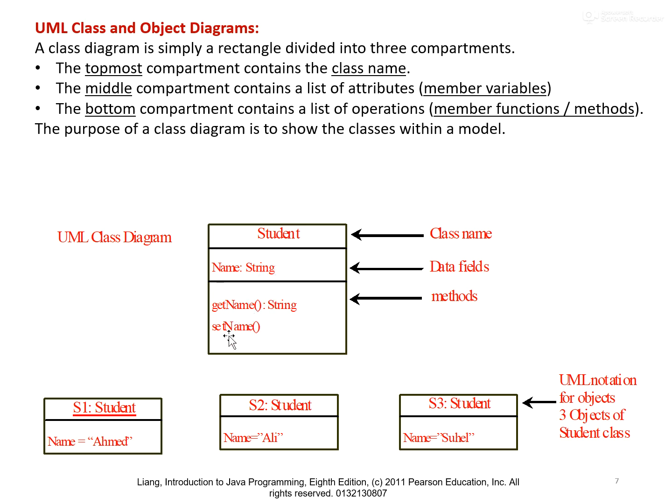And in the third compartment, the third box down here, we put the names of all the methods that are included in this student class. In this example, we have two methods, one called getName and one called setName.